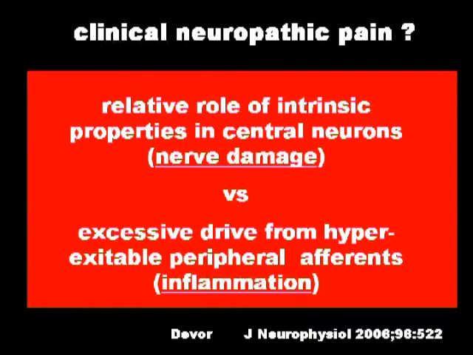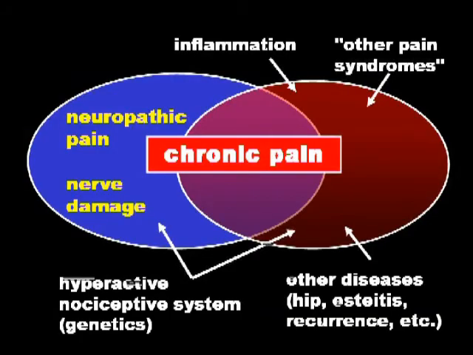Because we all know from reoperations that you have an inflammation going on if you have a mesh, more or less depending on the type of mesh, but you have it. So really we don't know, and therefore we cannot separate clearly in these patients whether it is a nociceptive pain or a neuropathic pain. So it's really complicated in these patients.